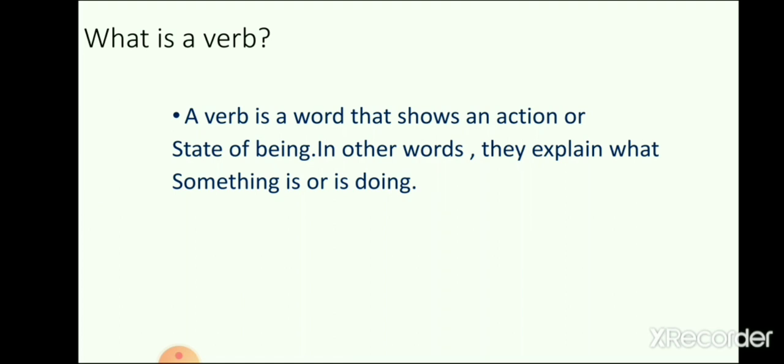For example, she is running. Here, running is the action done by the girl, so running is the verb. He is writing. The action here is writing, so that is the verb.